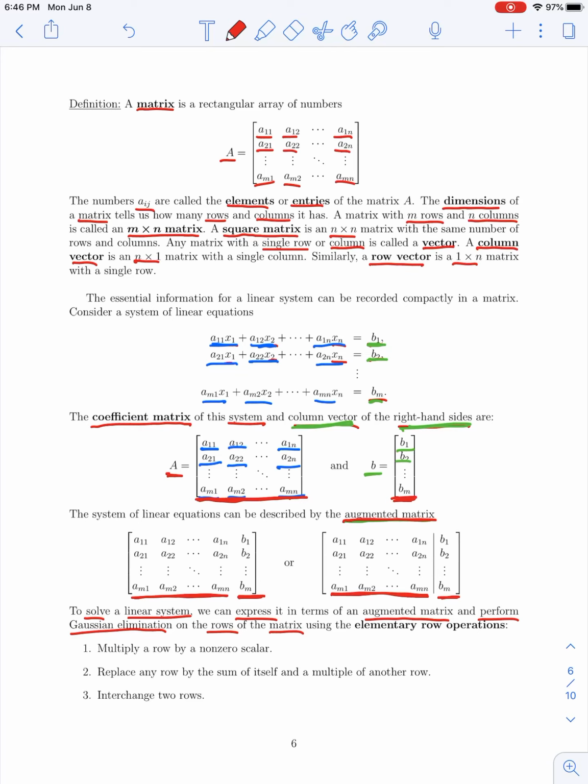So what are the operations that we can perform on an augmented matrix? Initially we had called them elementary operations. Now that we're expressing systems in terms of matrices, we would call these elementary row operations, since each row is an equation. We had 3 elementary operations that we could perform. The first is that we are allowed to multiply any row by any non-zero scalar, any non-zero number that I want. We can replace any row by the sum or difference of itself and a multiple of another row.